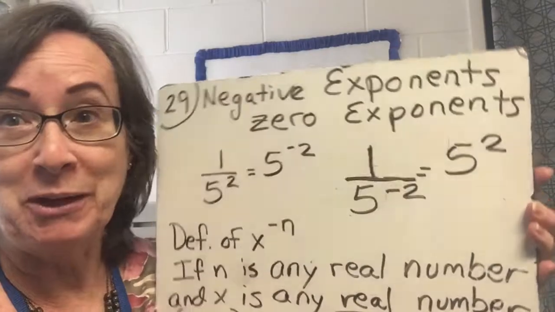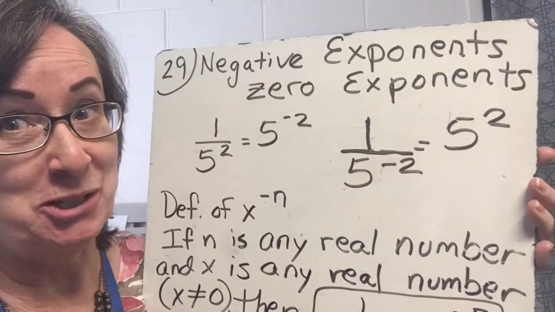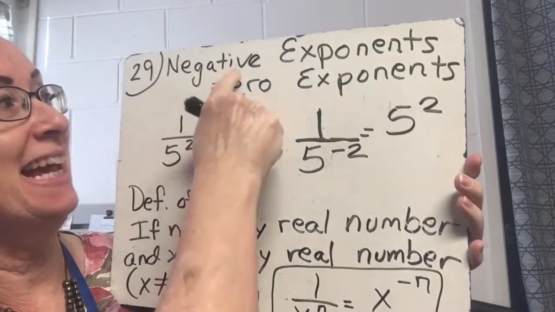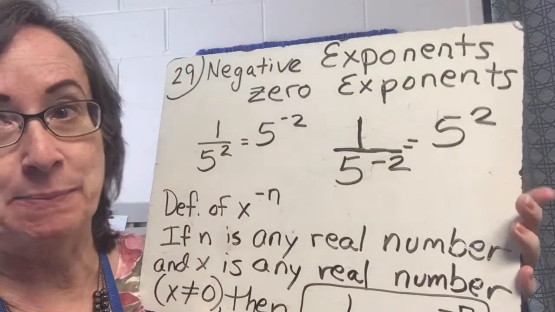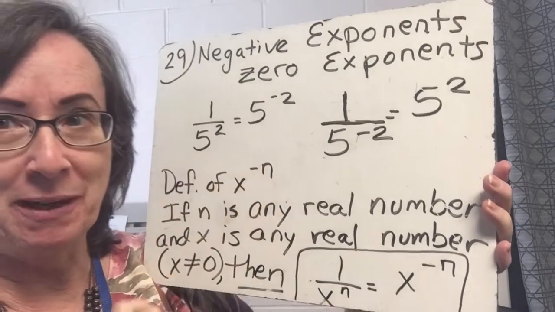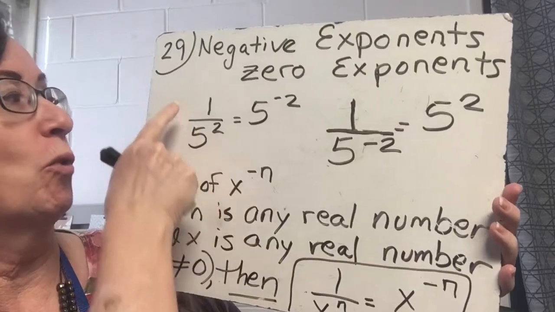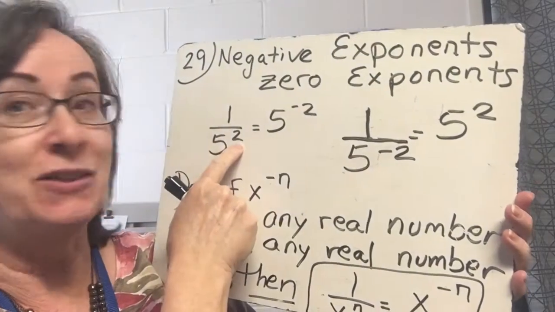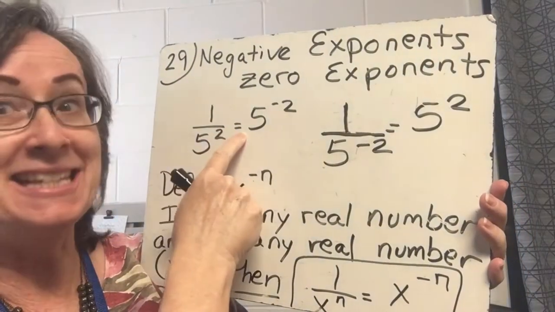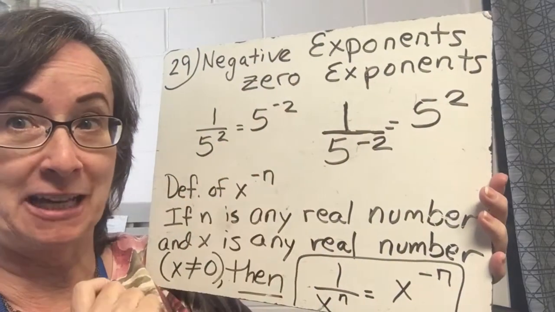And today we are back with lesson 29 in your Saxon Orange Book, and we are doing negative exponents and zero exponents today. So we are going to give an example of the rule, and then we're going to give the rule down here. So 1 over 5 to the second power is the same thing as 5 to the negative second power.